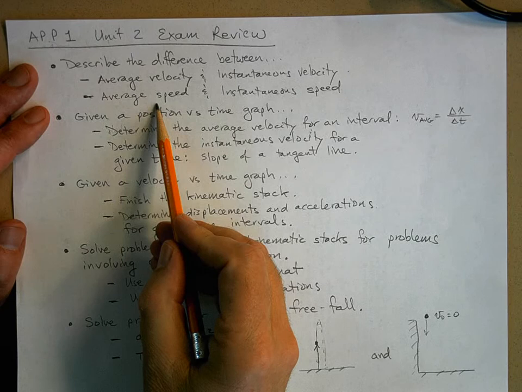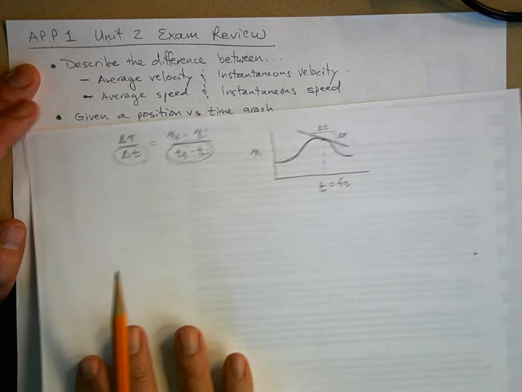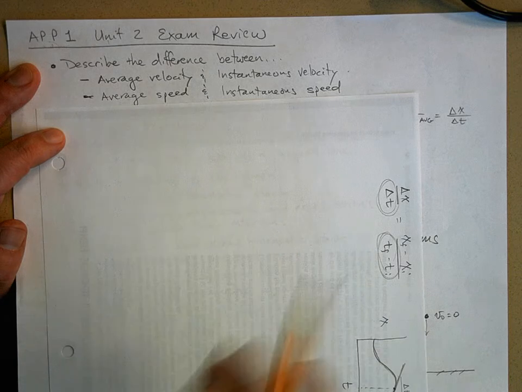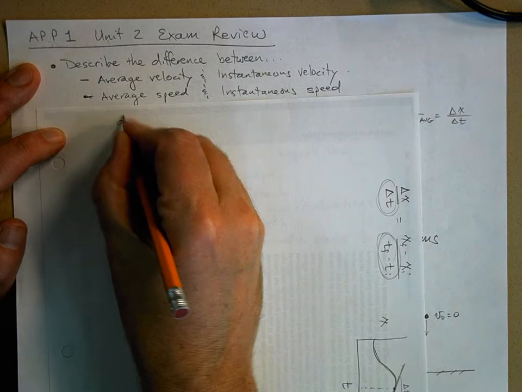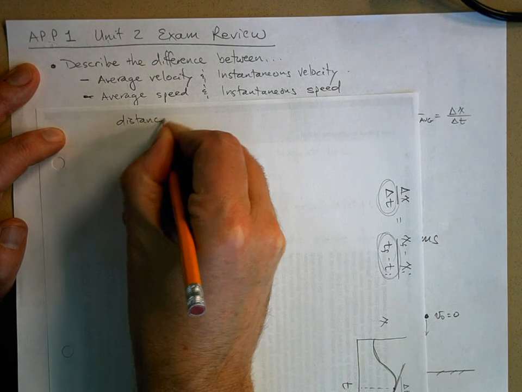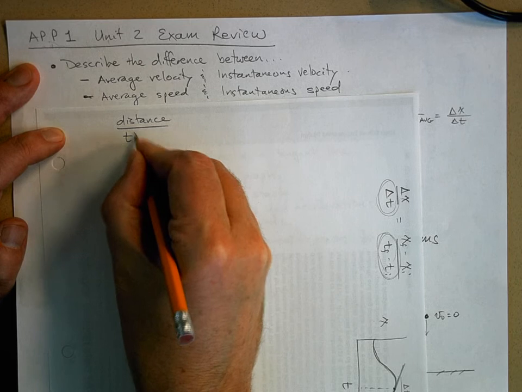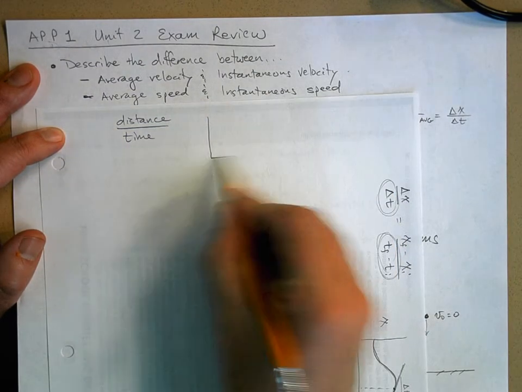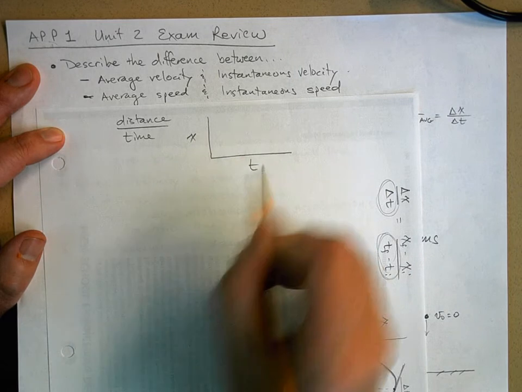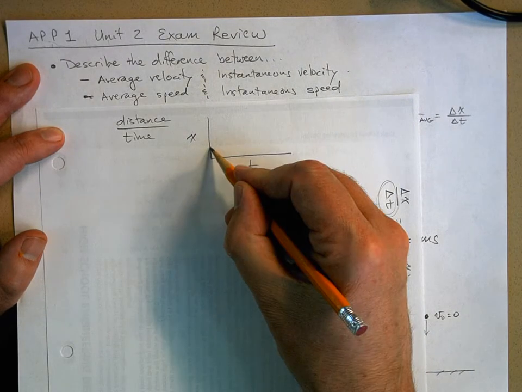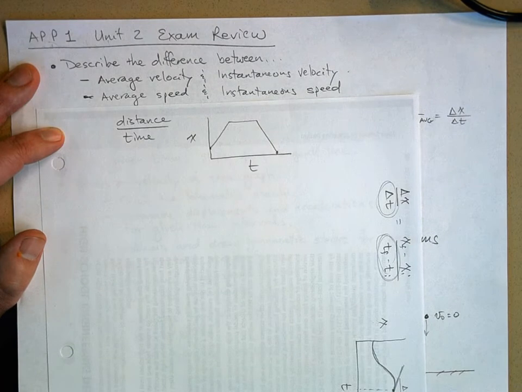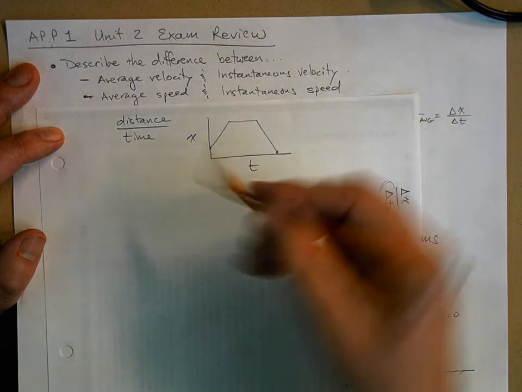Now, average speed, what is the operational definition for average speed? Well, it's the total distance traveled over the total time. Now, what if I give you a graph where this is position as a function of time? What if the object goes up, goes over, and comes back down? Well, what's the total distance traveled?